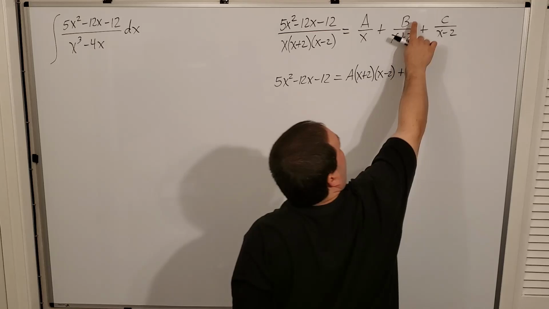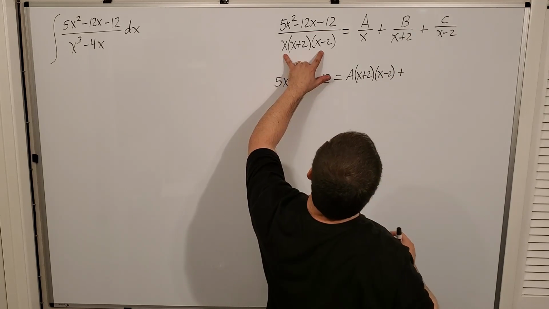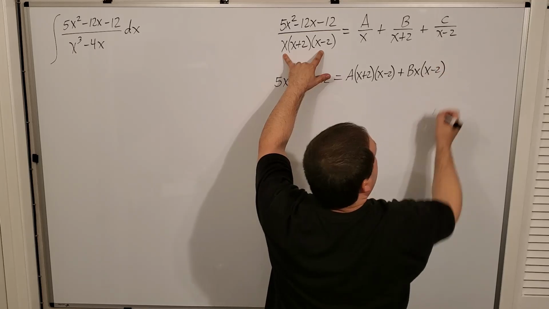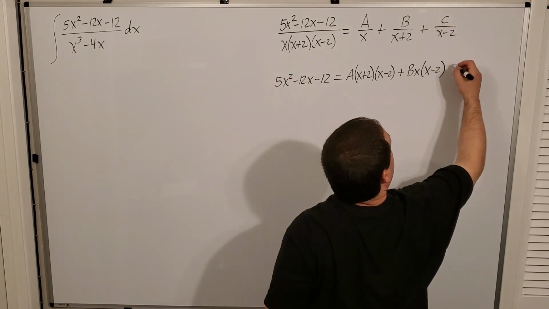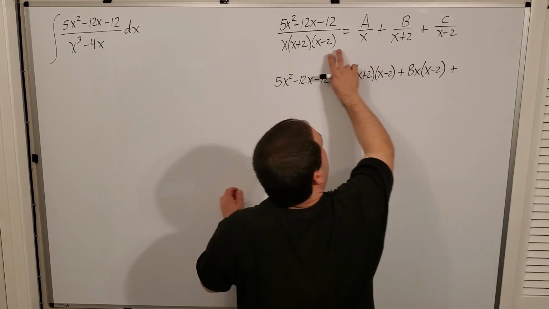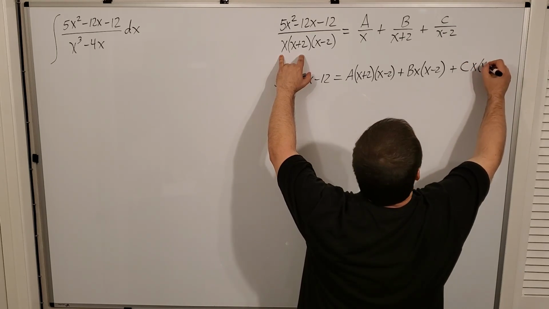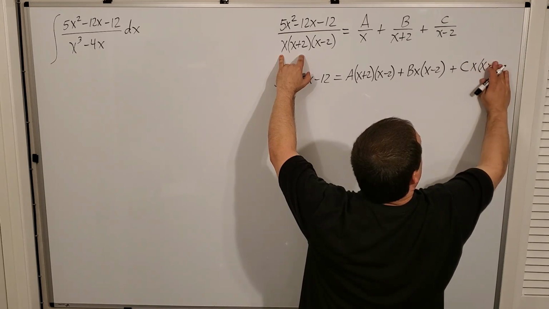Here, the x plus 2 reduces, leaving me with the x and the x minus 2. And then in the C term, when I multiply, the x minus 2's reduce, leaving me with the x and x plus 2.